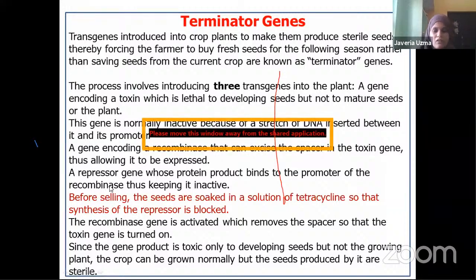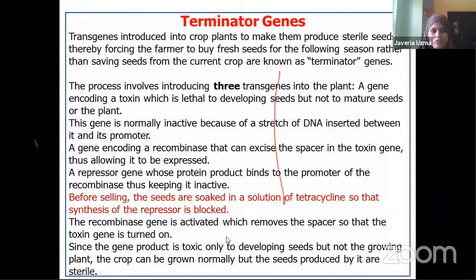These three genes will not allow the seeds to become mature, meaning mature seeds will not become fertile, they will be sterile. This is the technology used by the manufacturers of genetically modified organisms, which will not allow the farmers to save the seed and use it for the next season.